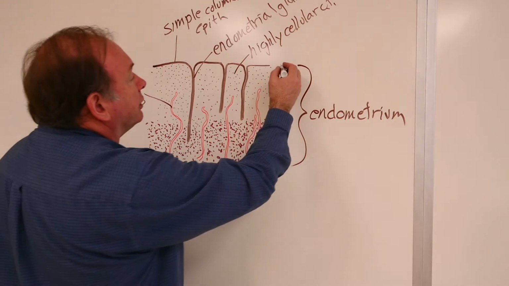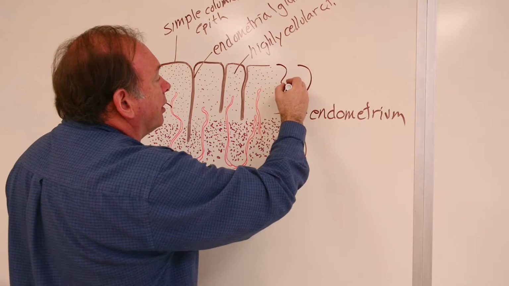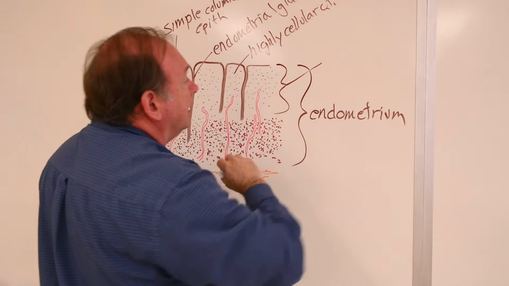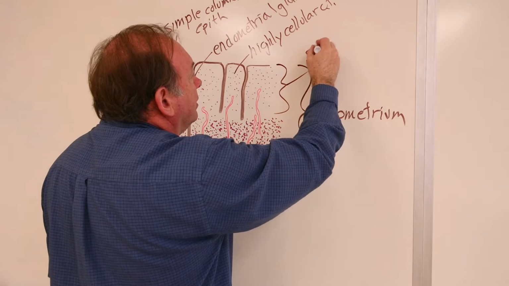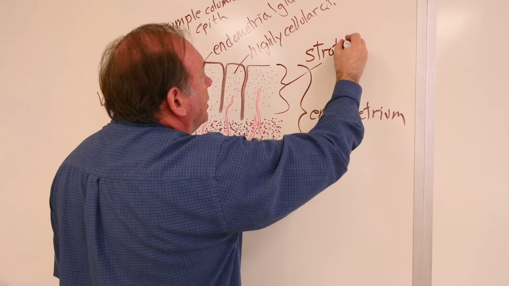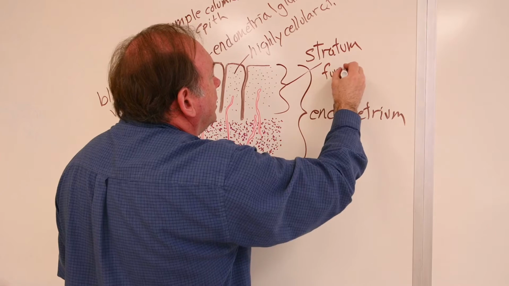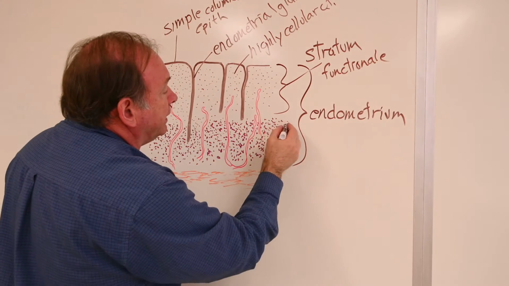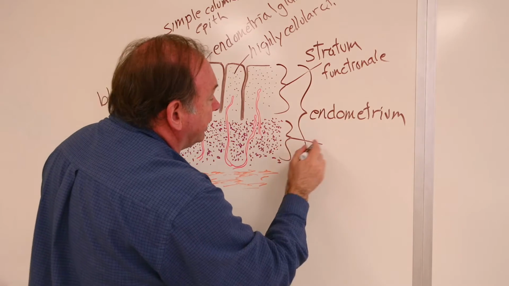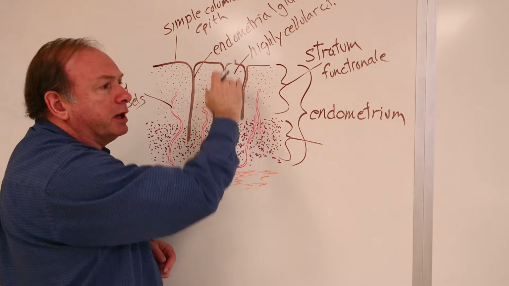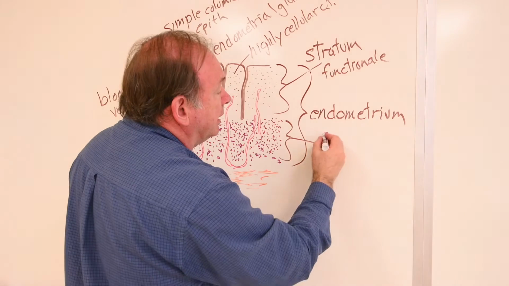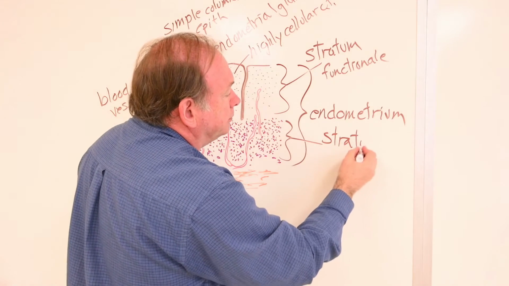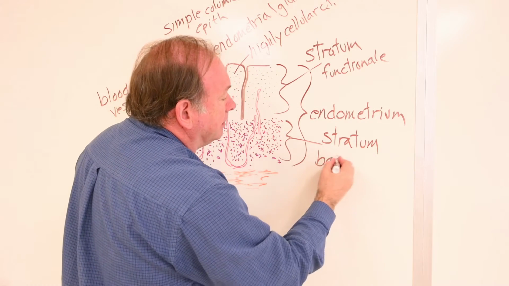This outer zone here that grows and then is lost again is called stratum functionale. The deeper zone here that is stable and from which the endometrium regrows after every cycle is the stratum basale.